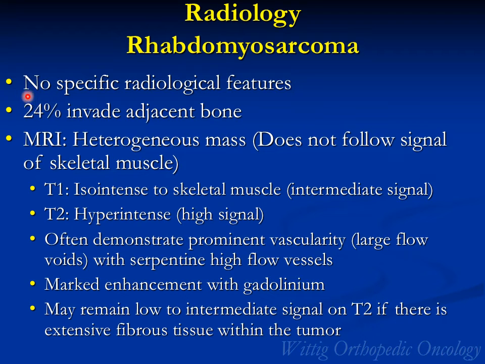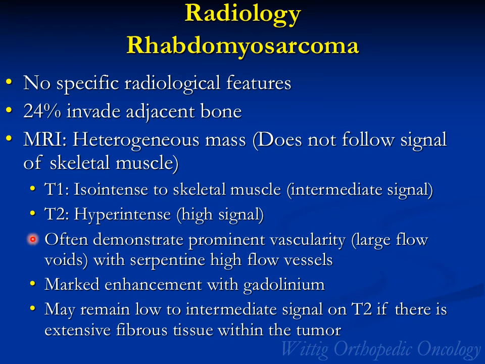There are no specific radiological features. It presents as a non-specific, usually heterogeneous mass. 24% of them invade adjacent bone. On MRI, it demonstrates usually a heterogeneous mass. It does not follow signal intensity of skeletal muscle. On the T1 weighted image, it may be isointense to skeletal muscle. On the T2, it may be hyperintense or high signal.